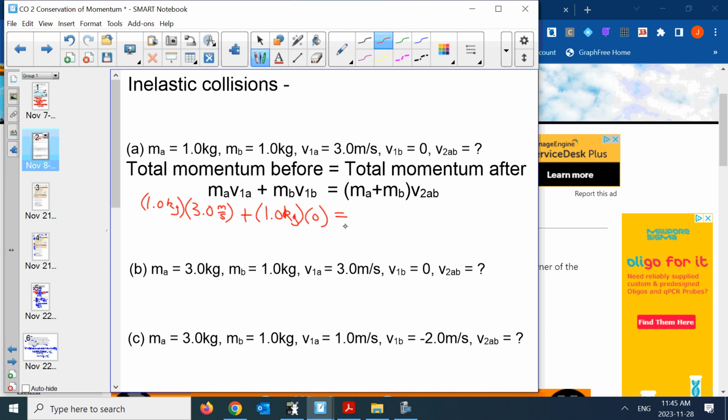MA plus MB, so I can add this in, 2 kilograms, stuck together. We're trying to find V2. Now, mathematically, that's fairly easy. 1 times 3 is just 3, and 0. So I got 3 divided by 1.